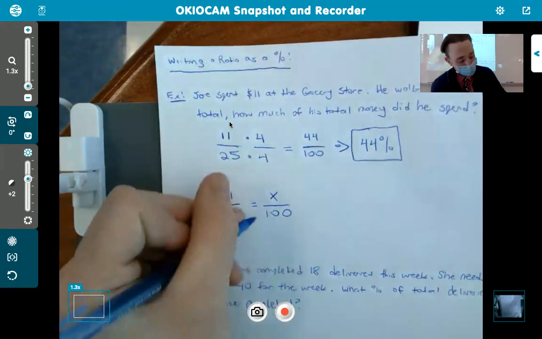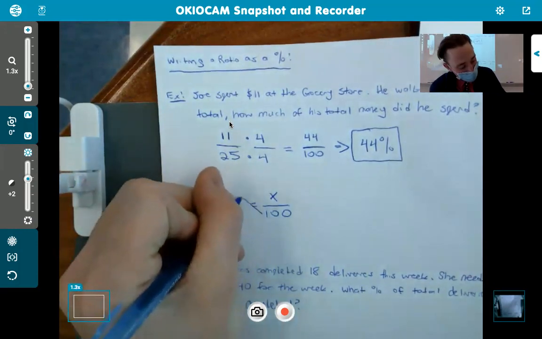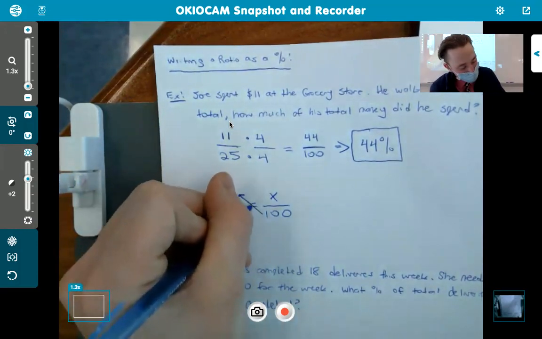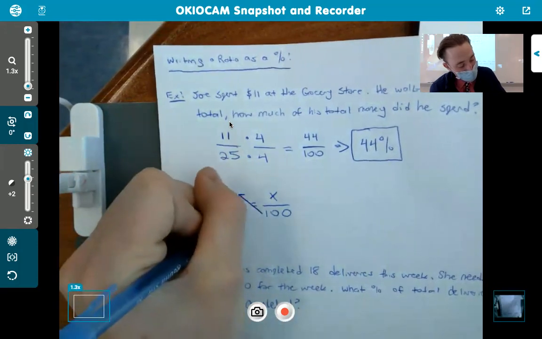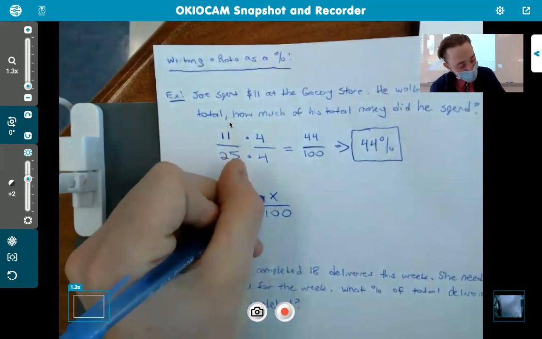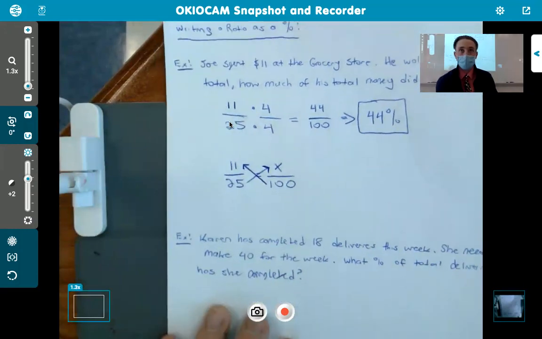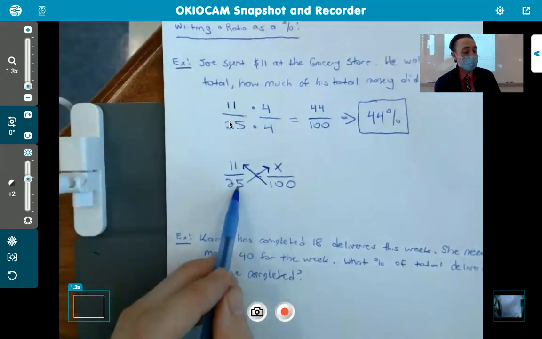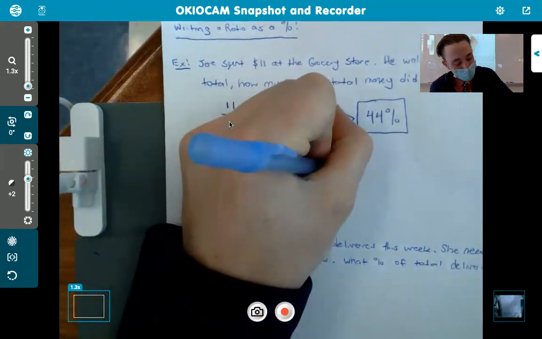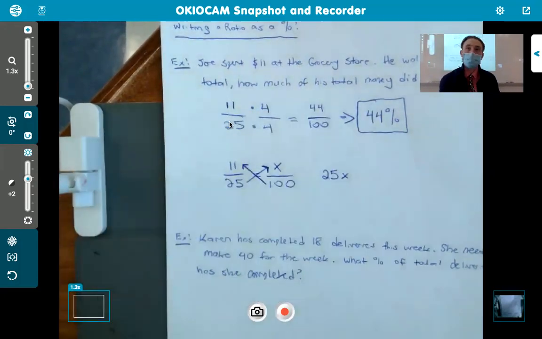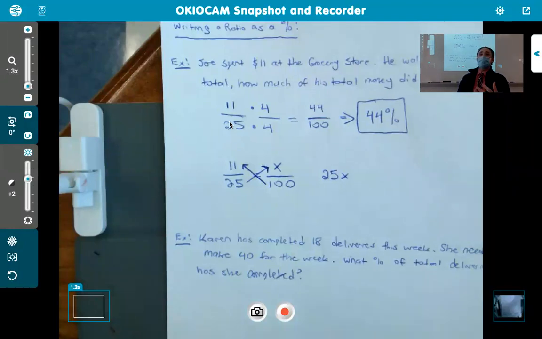I can multiply 100 by 11, and then the 25 by the x and set up a new equation. 25 times x just gives me 25x. Maybe they have a calculator or Desmos at their disposal. Anybody do the other multiplication for me? What's 100 times 11?